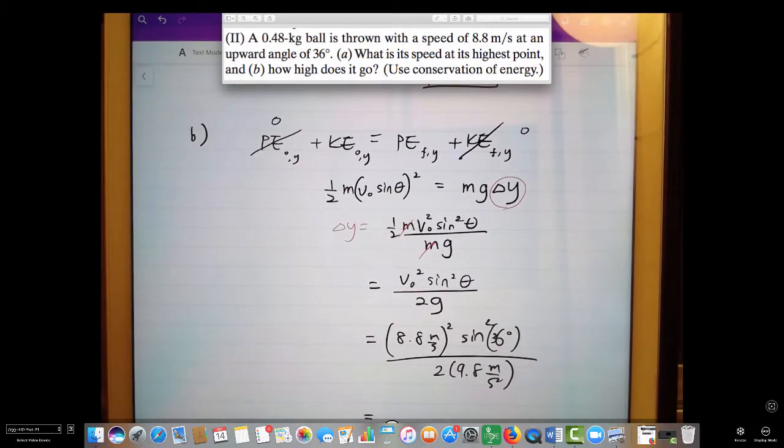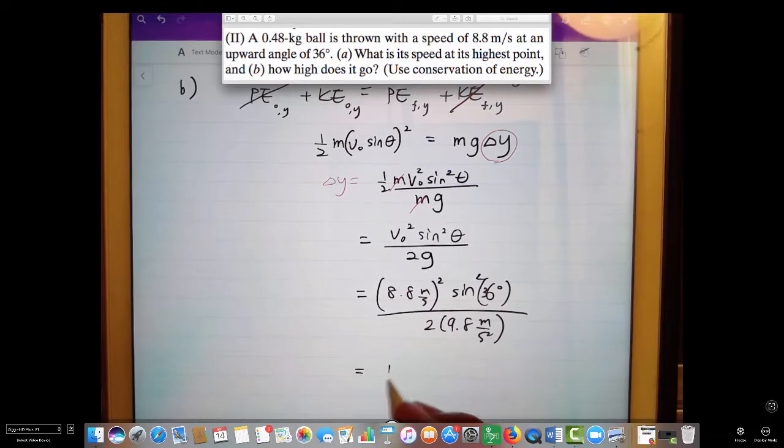And when you put this number into your calculator, you should get 1.365, and the correct unit should be meter.